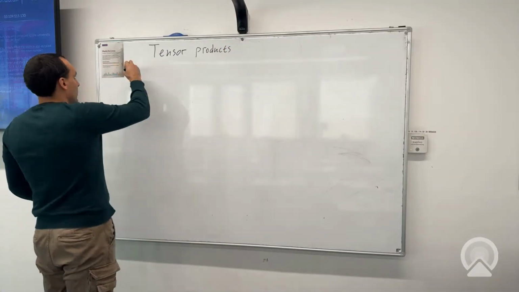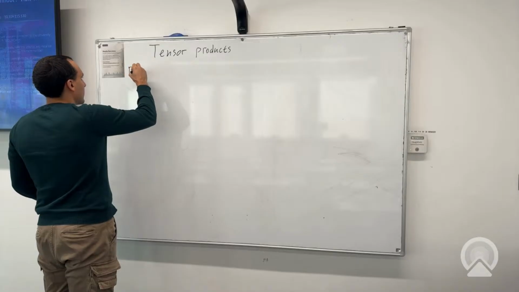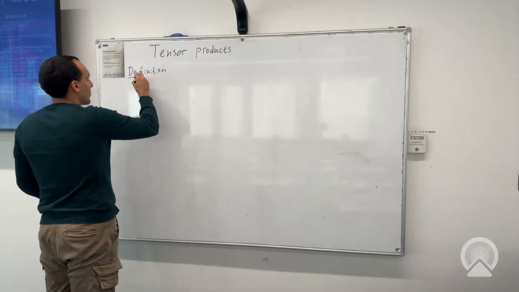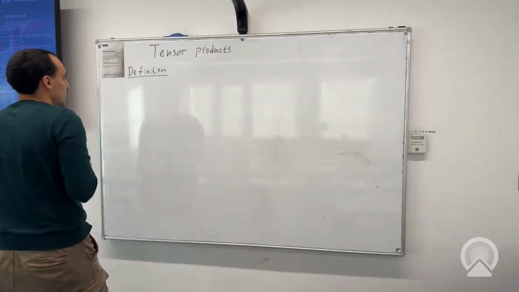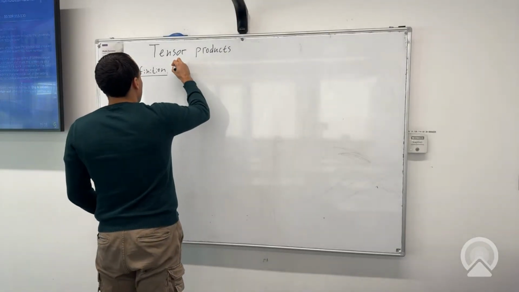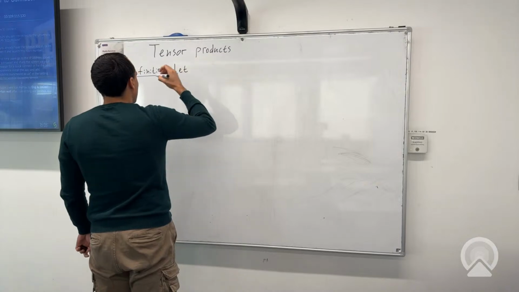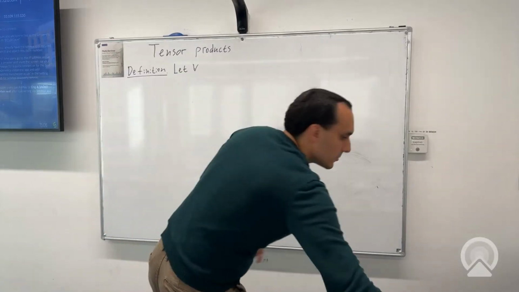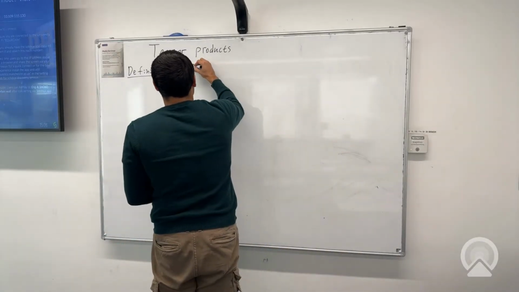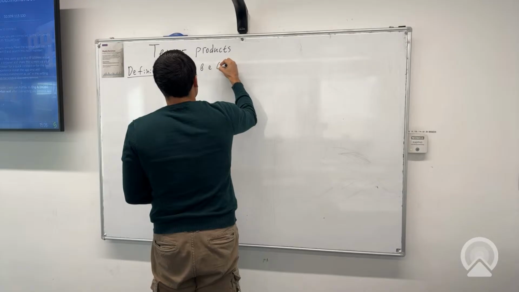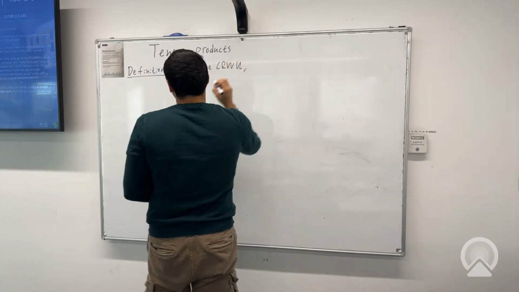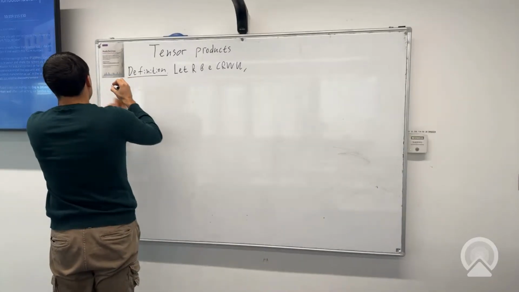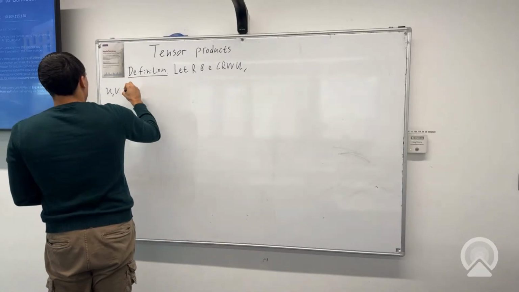Definition. Let R be a commutative ring with unity. U and V are modules. I like U and V.